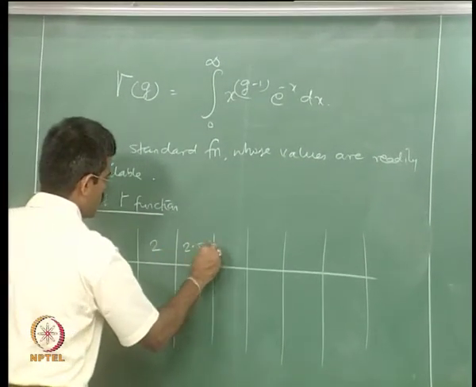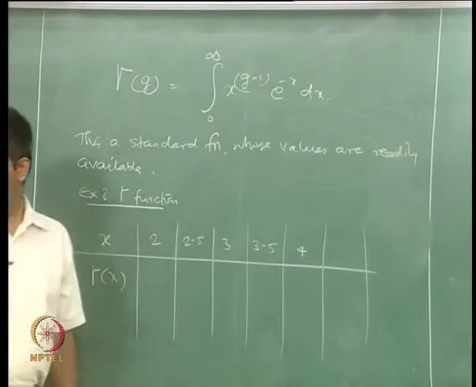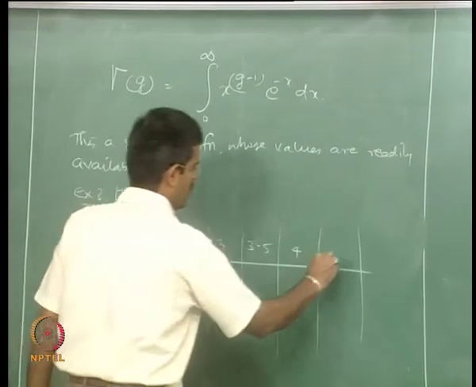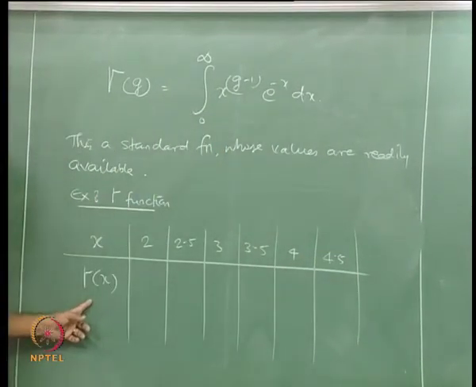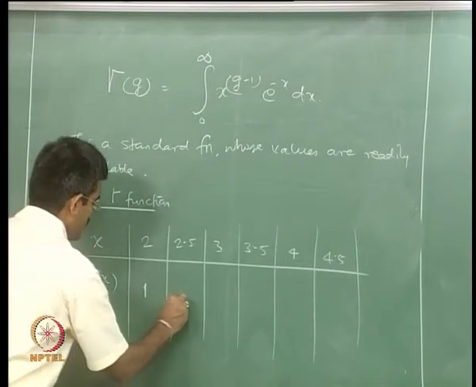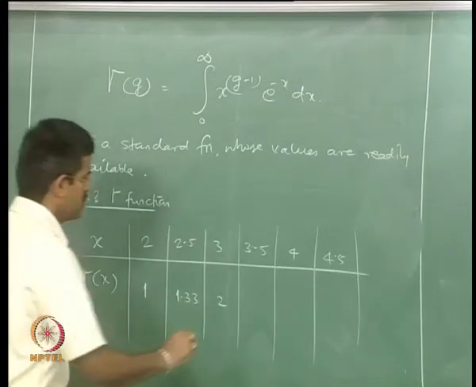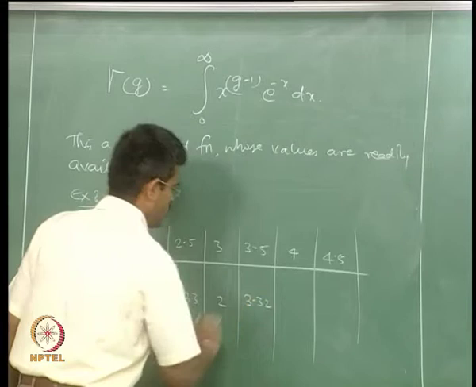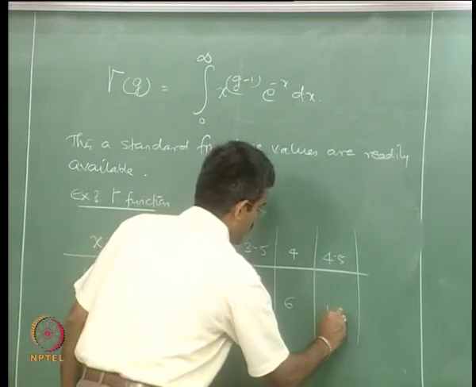Two, 2.5, 3, 3.5, 4 and 4.5. The values of these functions for different arguments are 1, 1.33, 2, 3.32, and so on. These are the values of the gamma function for the respective values of the argument. 6, 11.6.